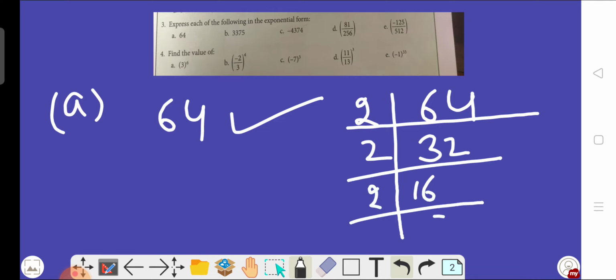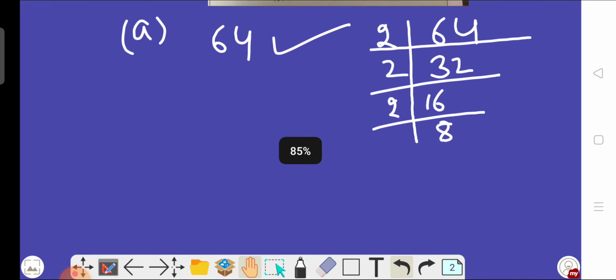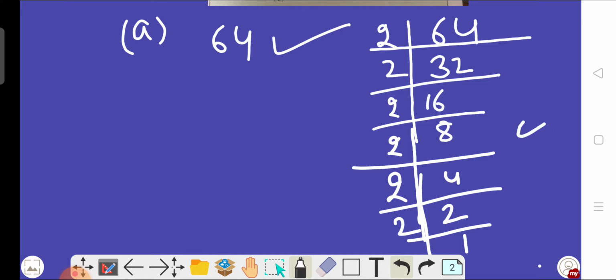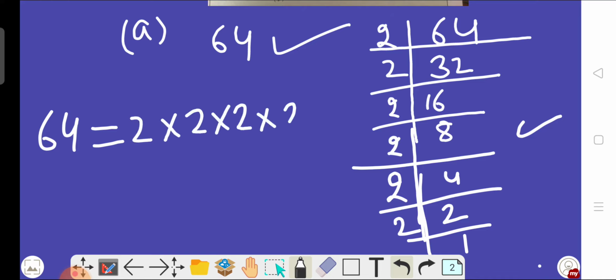Again if we divide, it will become 8, and again if we divide this will become 4, and again if we divide, this will become 2. Again if we divide, this will become 1. We have to factorize the number in the same manner. So from here we can say that 64 is equal to 2 multiplied by 2 multiplied by 2 multiplied by 2 multiplied by 2 multiplied by 2. How many times is 2 repeated here?